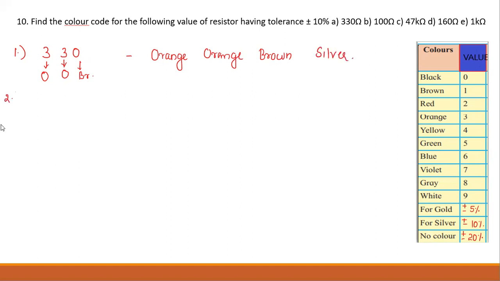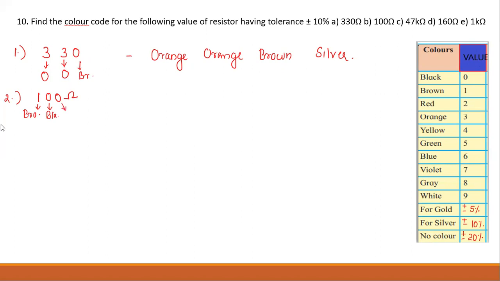Second one is 100 ohm. 1 is for brown. Now second digit is 0. 0 is for black. Third one into 10.